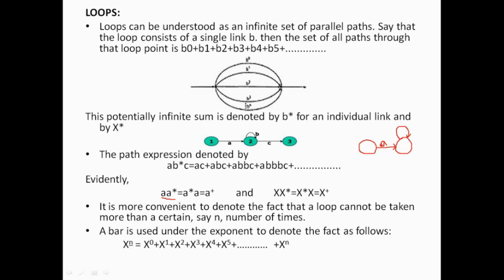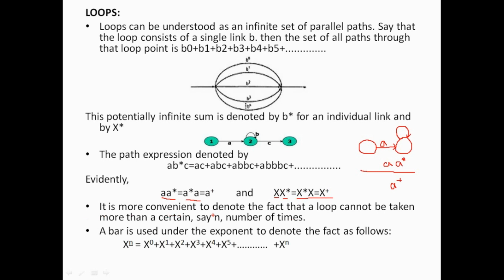So we specify A and A star. We multiply A with A star, or we can also write A star A. This expression we can simply represent with A to the power of plus. The same expression can be applied to the same segments.